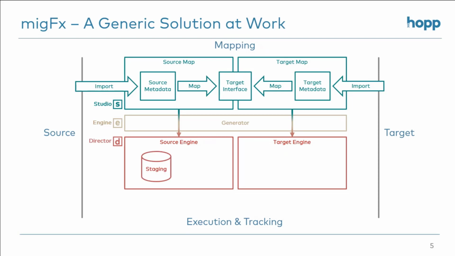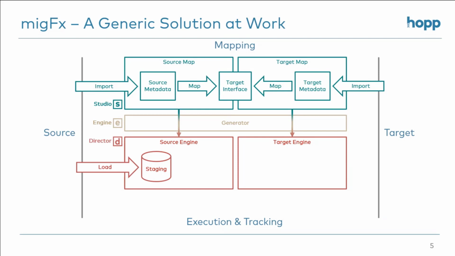At the start of things, the source engine will automatically maintain a set of staging tables in a database that corresponds to the source metadata. This happens automatically, so if during the lifetime of your project you import new source metadata into the source map, then the source engine will automatically update the staging database so it keeps it aligned with the source metadata.